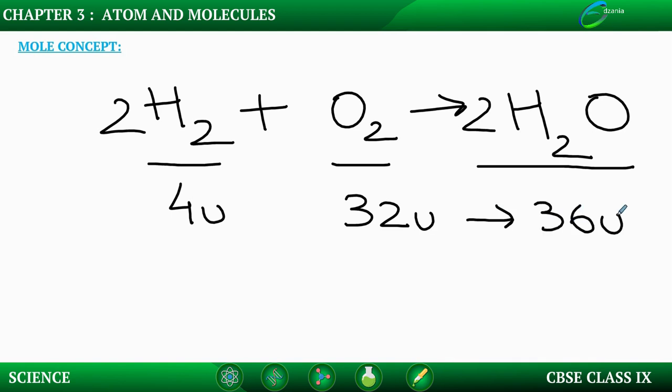Now we can see that the quantity of a substance can be measured by using mass or the number of molecules. But a chemical reaction directly indicates the number of atoms or molecules taking part in the reaction. Therefore, it is more convenient to refer to the quantity of a substance in terms of the number of atoms rather than their masses.